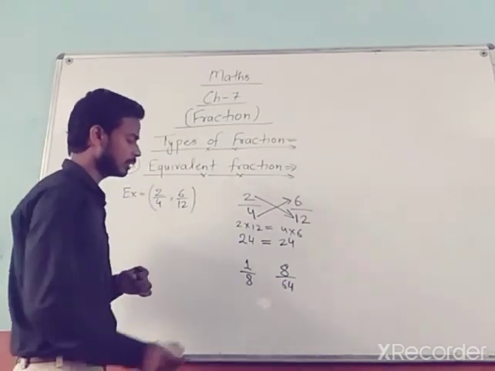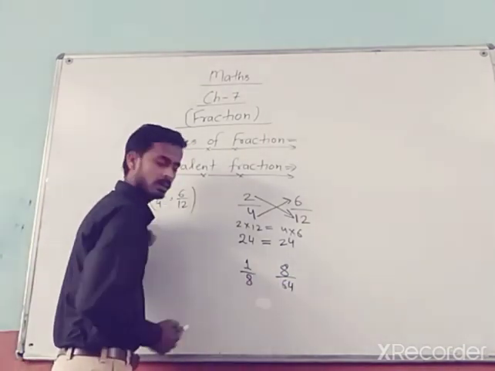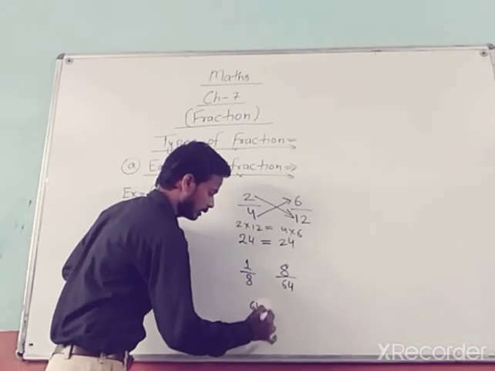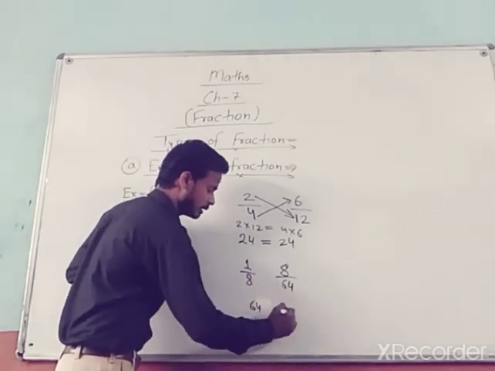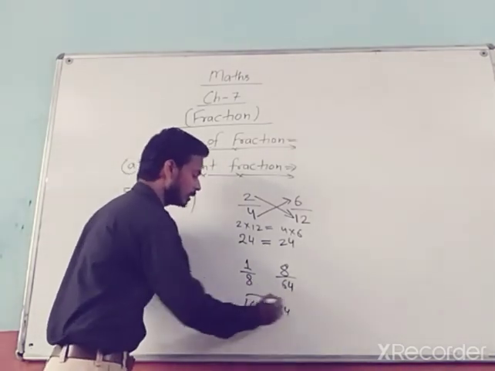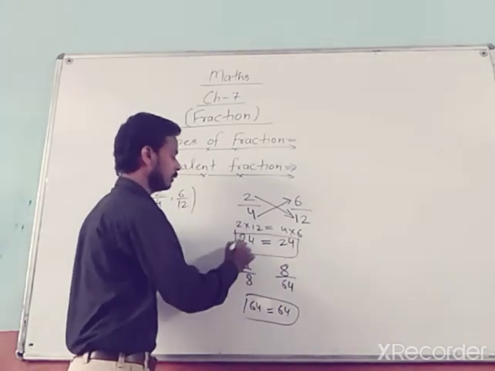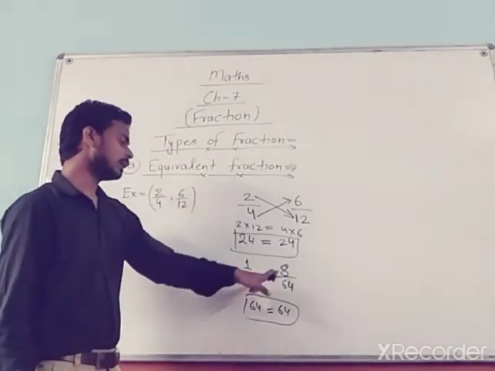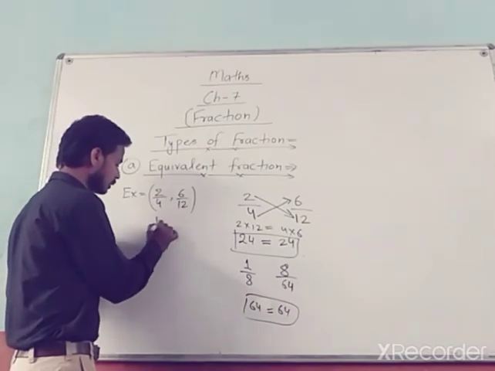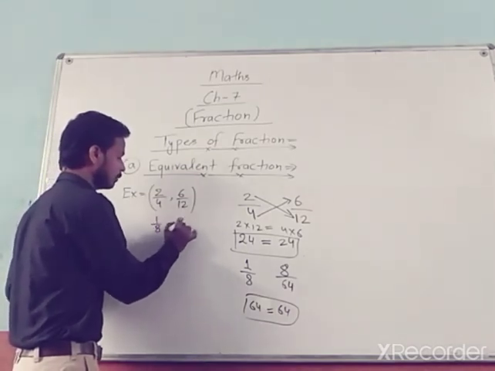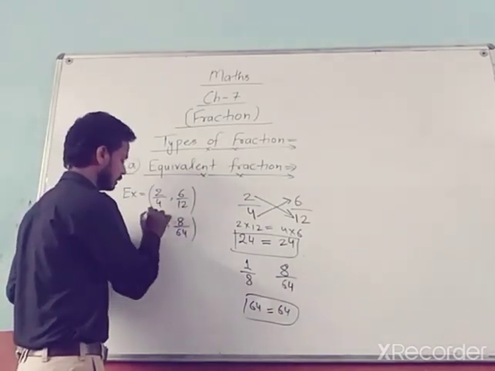Now again check. 64 ones are 64. 8 8s are 64. Both are same now. It means 1 by 8 and 8 by 64 is also an example of equivalent fraction.